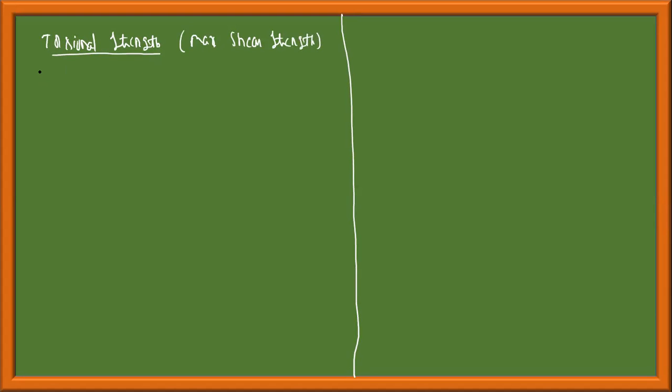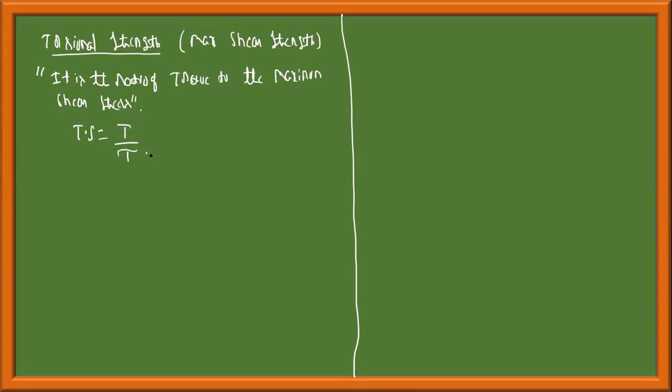Torsional shear strength is the ratio of torque to the maximum shear stress. These are two terminologies. Torsional strength is nothing but T by tau.